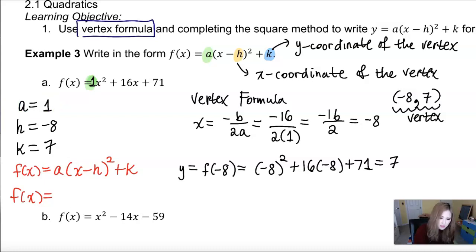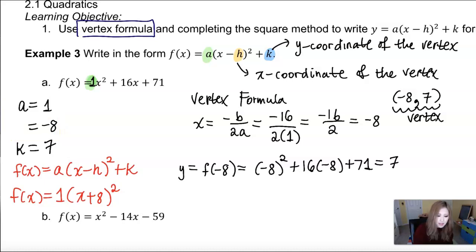So we're going to plug in 1 parenthesis, and inside the parenthesis, I need to do x minus h. But look, h is equal to negative 8. So what we're going to have to do is x minus negative 8. But hold on a second, we can simplify that to be x plus 8. So x plus 8 squared, right?